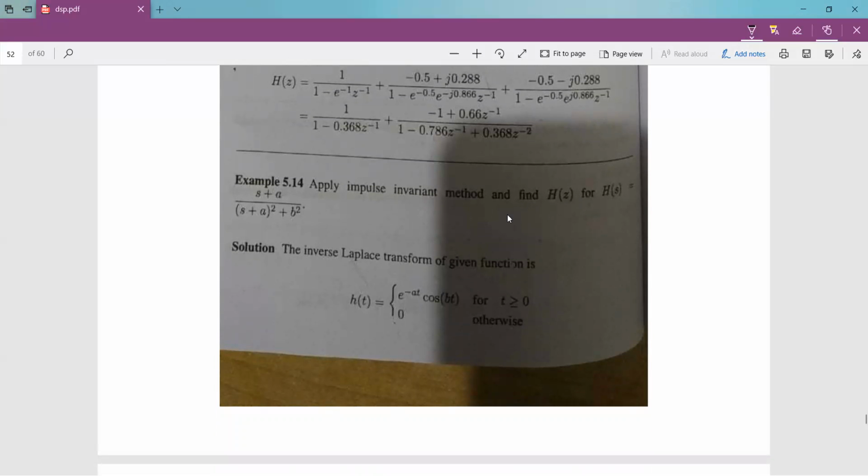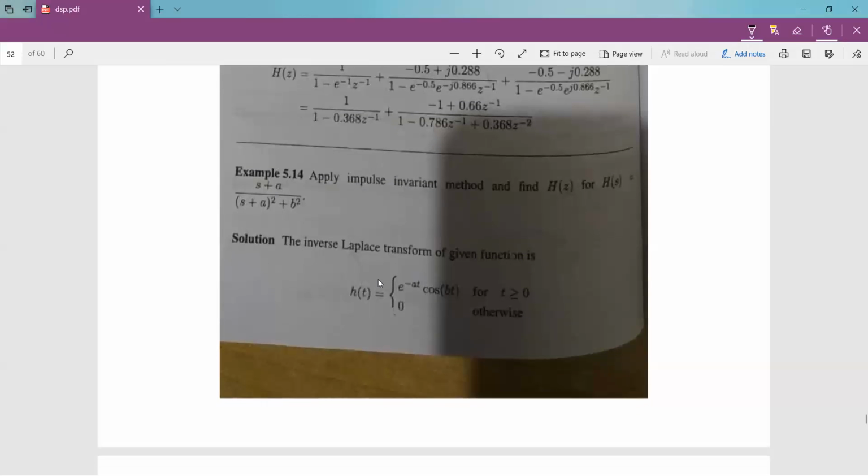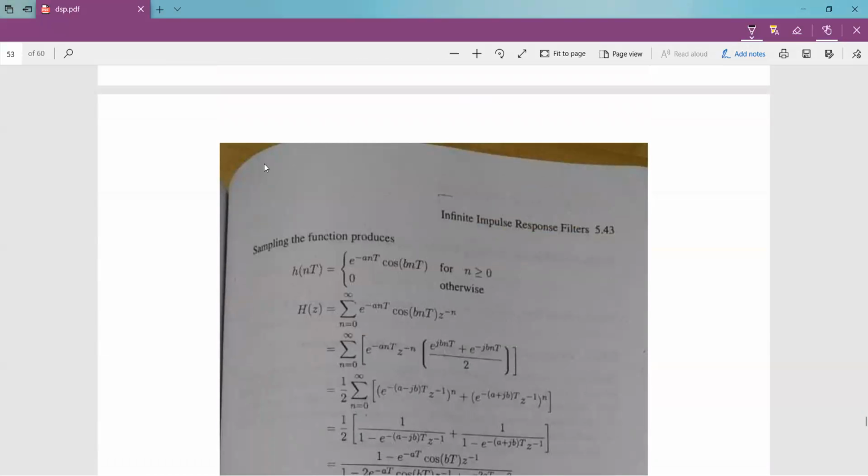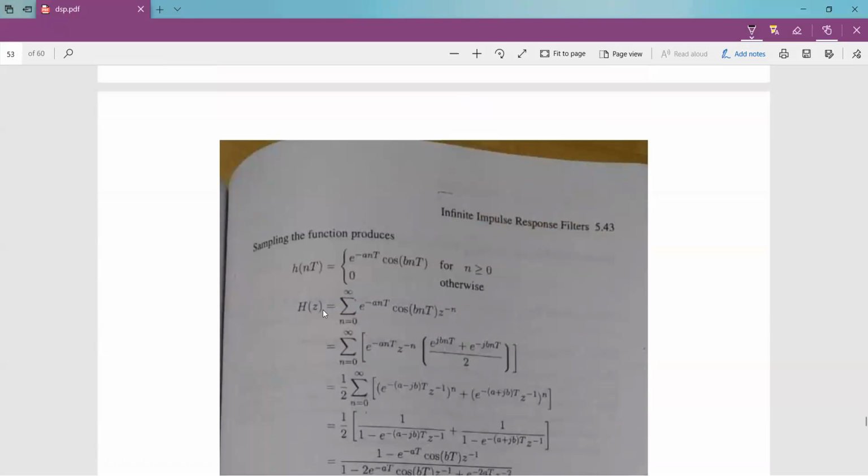So in this fourth example, you will see that you have to find Hz. Again, the expression of the analog filter is given to you. In this case, again, the inverse Laplace transformation has been taken and the sampling has been done.